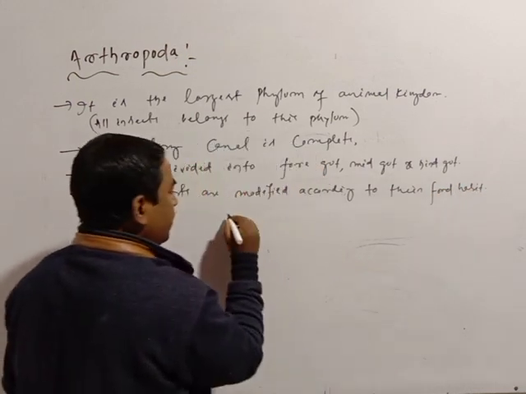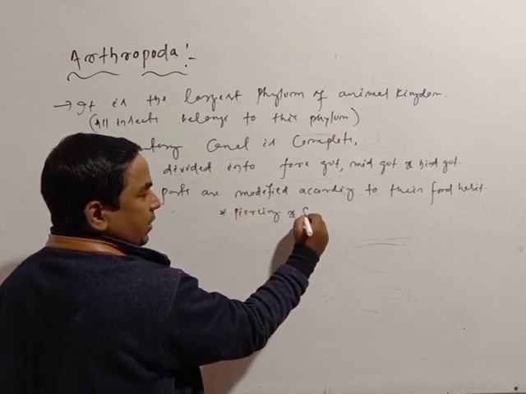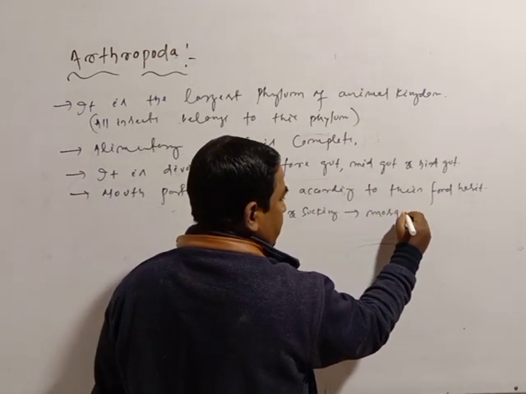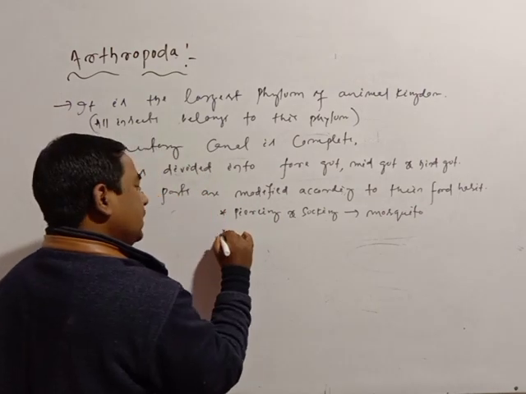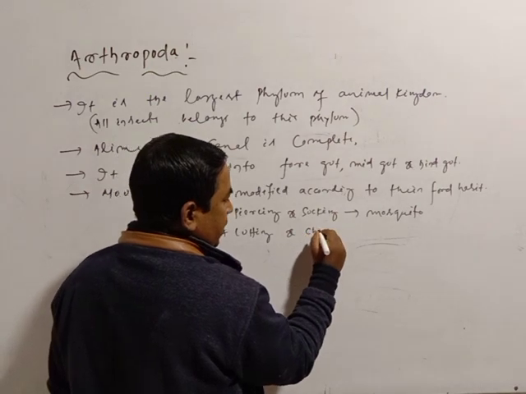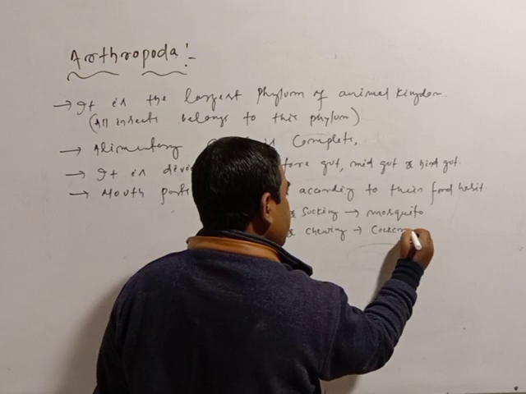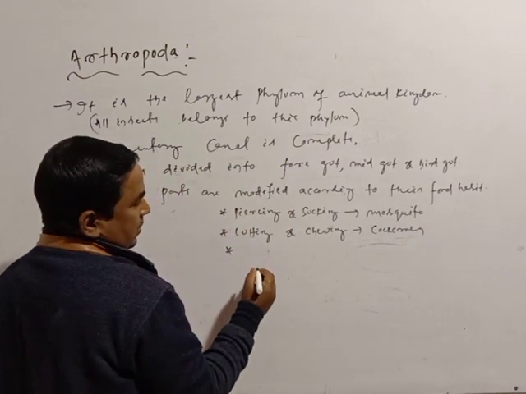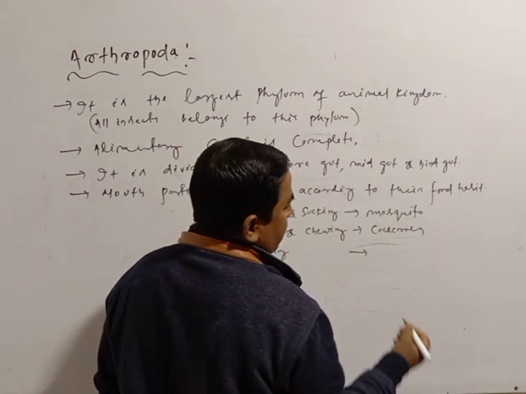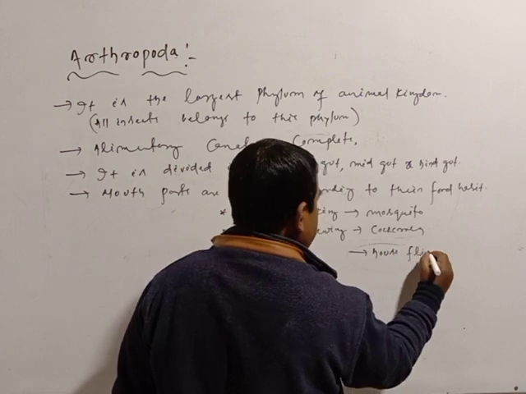For example, piercing and sucking, mosquito; then cutting and chewing, cockroach; then rasping, houseflies.